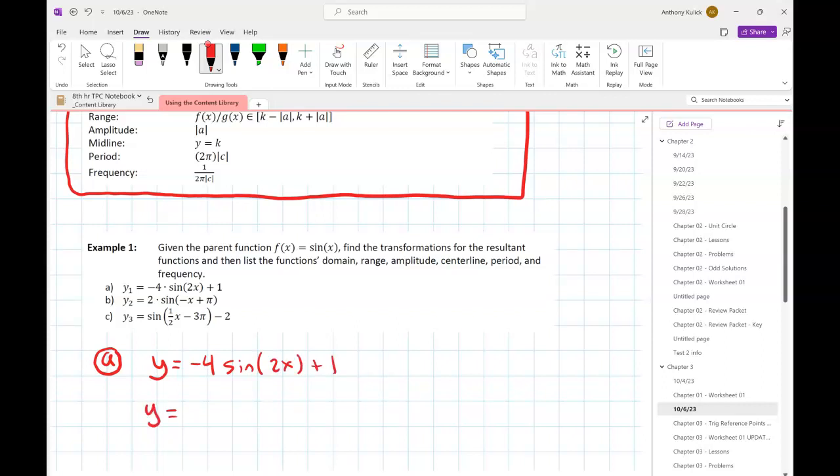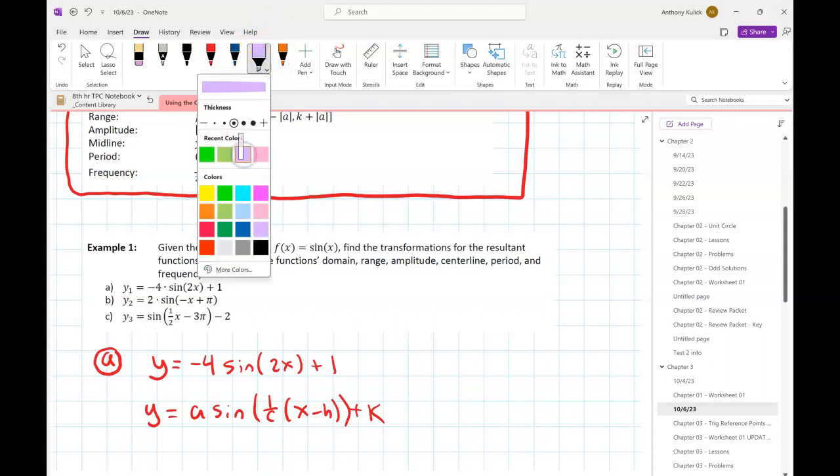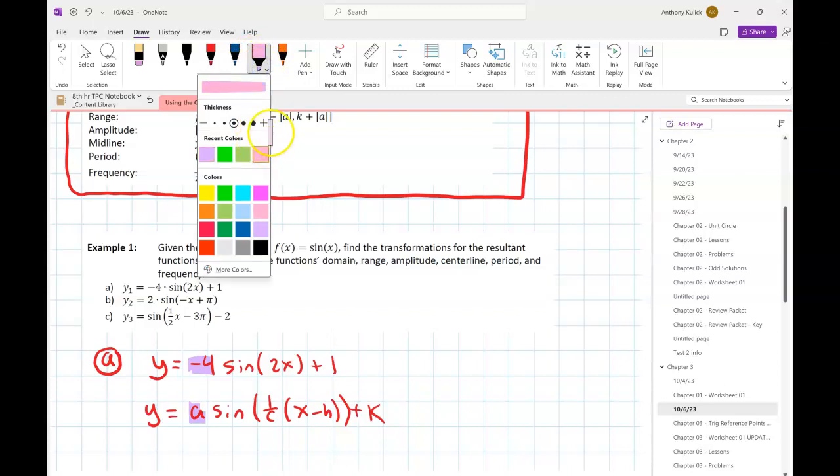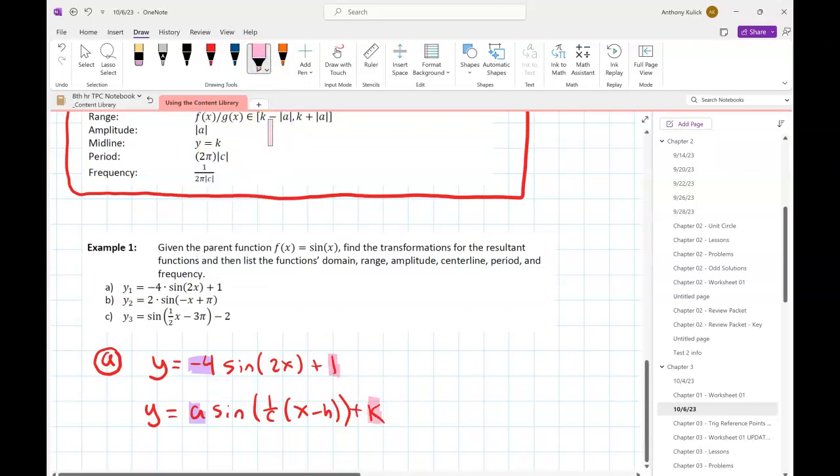Now, I know the general form for any sine function is the form of the resultant function. And just from the way things are written, I can really easily see that A should be -4, that K should be 1, but I got a little work to do to figure out what the C and the H is, because the way this is written, it doesn't look the same as my general form for the resultant, right?